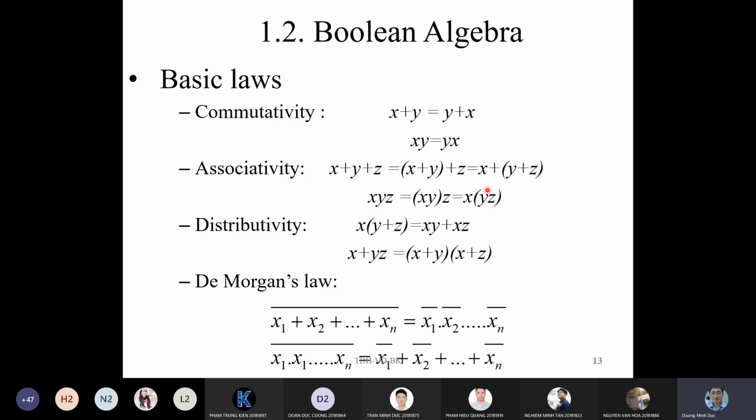Or another way, we make the disjunction of the last two variables first, and the result is also a logical variable, and we make the disjunction with the first variable. Similarly, we can make the conjunction, right? So the associativity law allows us to define the disjunction and the conjunction of more than two variables.